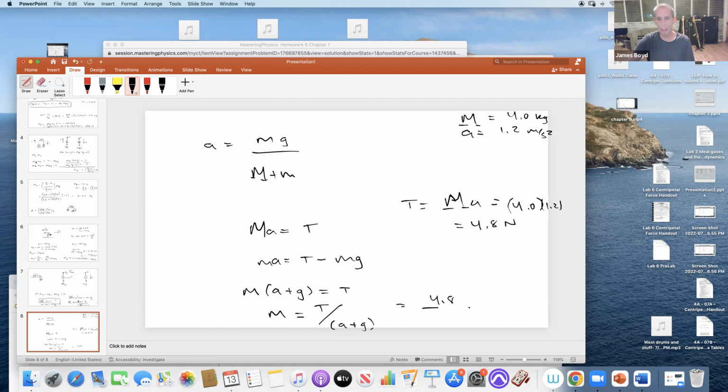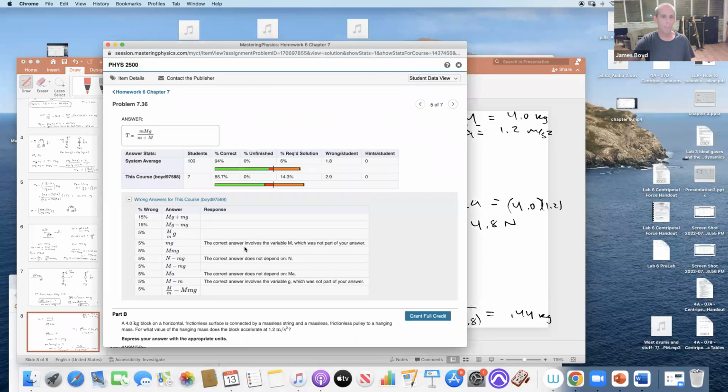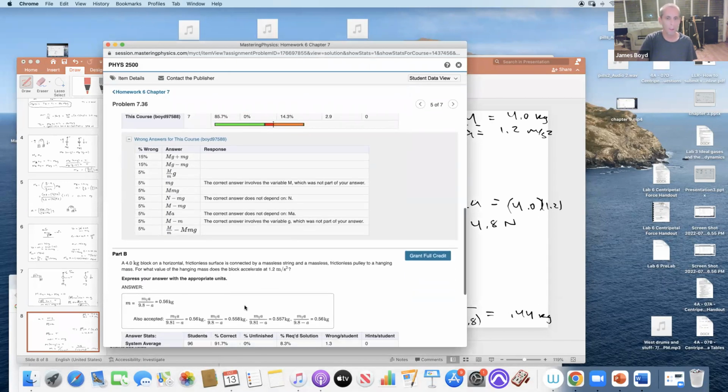So 4.8 over 1.2 plus 9.8, which I get 4.8 divided by 11 is 0.44 kilograms. Hopefully I did that right.